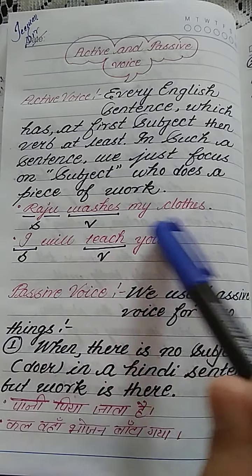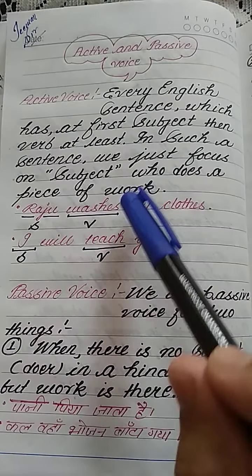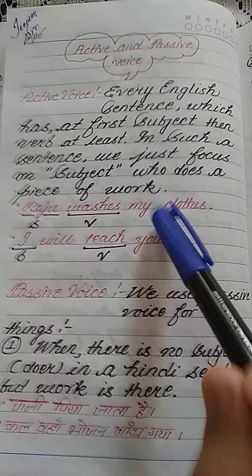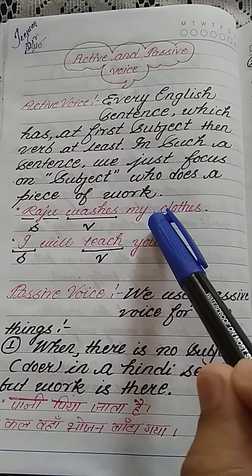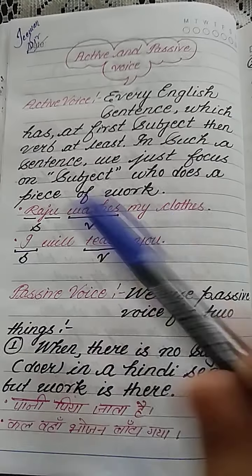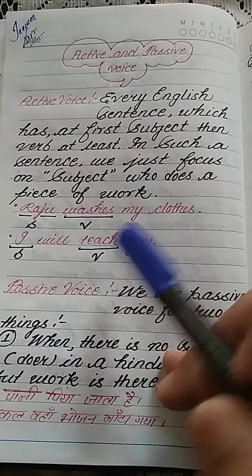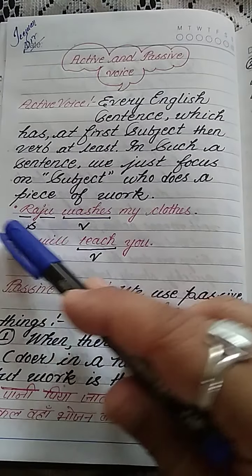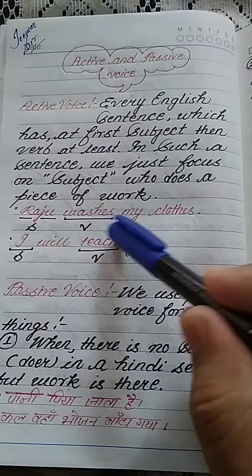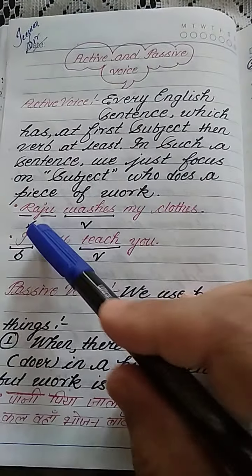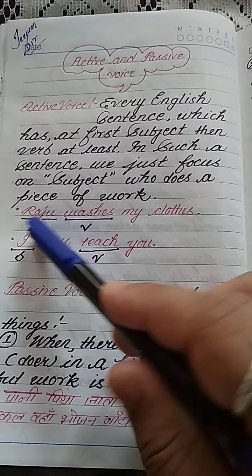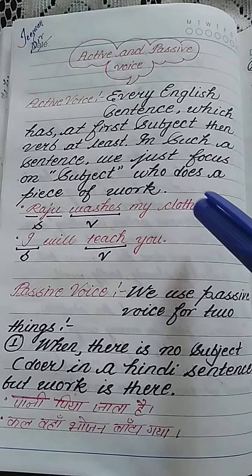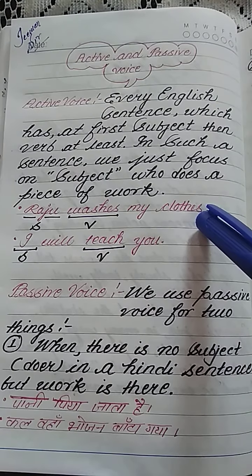So it is not the matter that clothes are washed. The matter is that my clothes I do not wash. Raju washes my clothes. That means I want to focus on this particular point. That becomes secondary for me. It becomes the particular thing which I want to highlight, that it's Raju who washes my clothes.